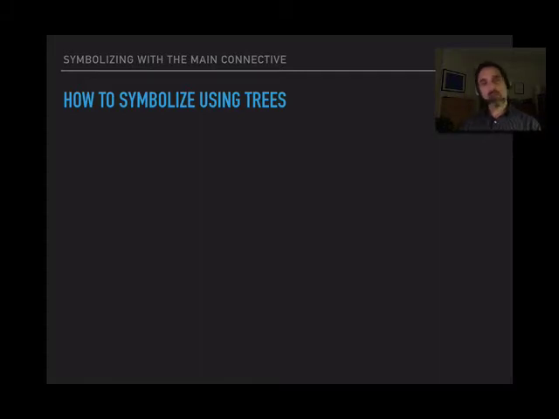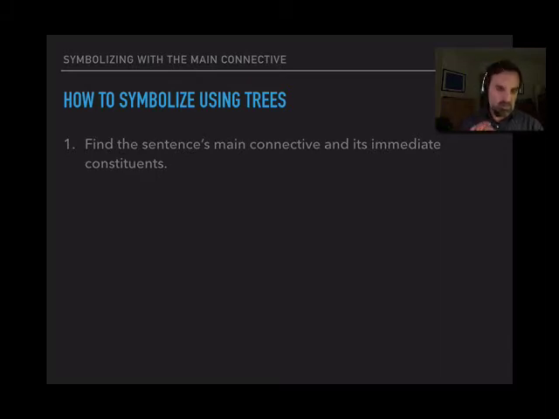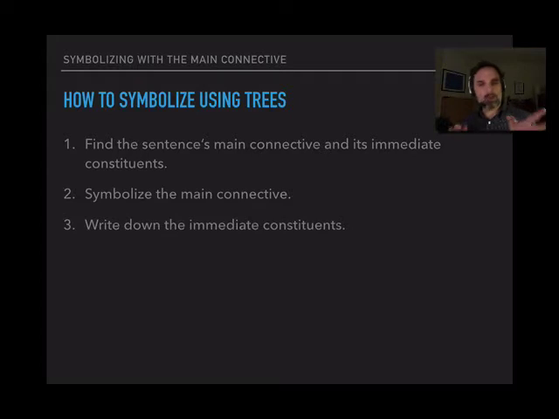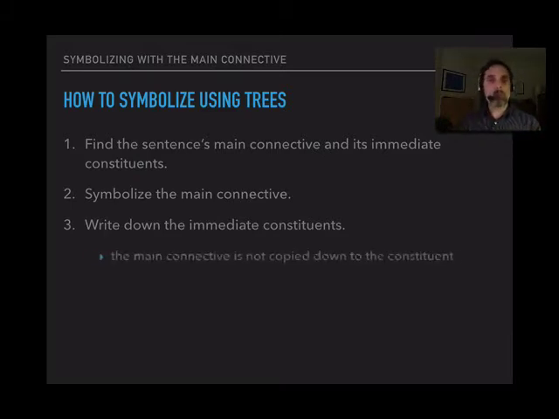Okay, so how do we symbolize using trees? Well, you've already been doing that, but to be explicit about what's happening, at each step you find the sentence's main connective and the things that were added to the main connective to make the whole thing. Then you symbolize the main connective, you turn it into a logical symbol, and its immediate parts, the things that we added to the main connective to make the whole sentence, go into the text boxes.